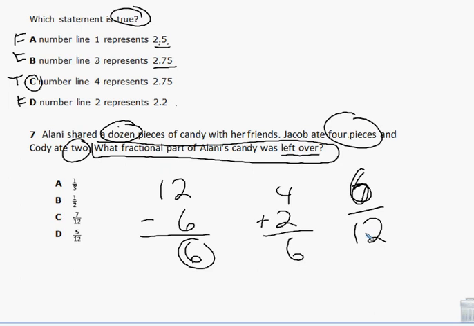Or I could go through a couple steps here. I know that I could divide the numerator and denominator by 6. So 6 divided by 6 equals 1. 12 divided by 6 equals 2, so that's equal to 1/2. And that leaves us answer choice B.